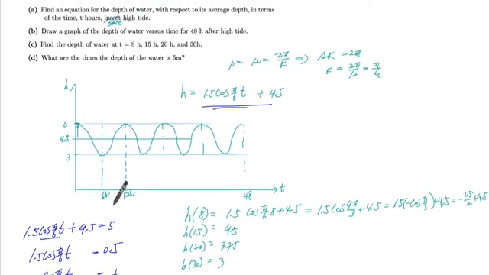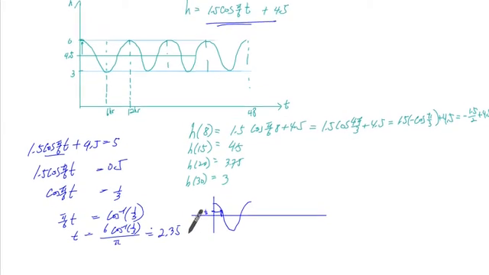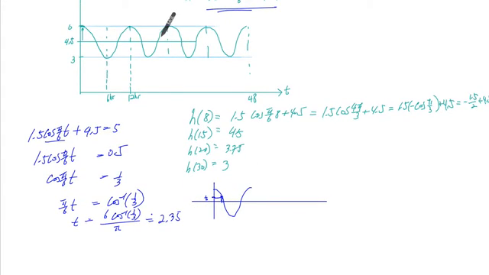So the question was, what are the times where the water is 5 meters? So it's not just this one, we're going to have 1, 2, 3, 4, 5, 6, 7, 8 answers. The first one is 2.35. The next one is 2.35 plus pi, which should give us this one.